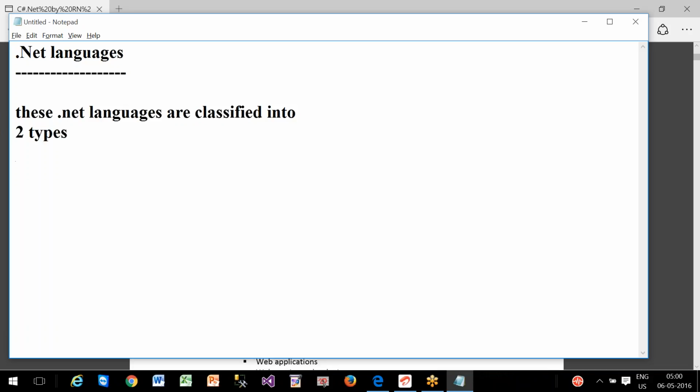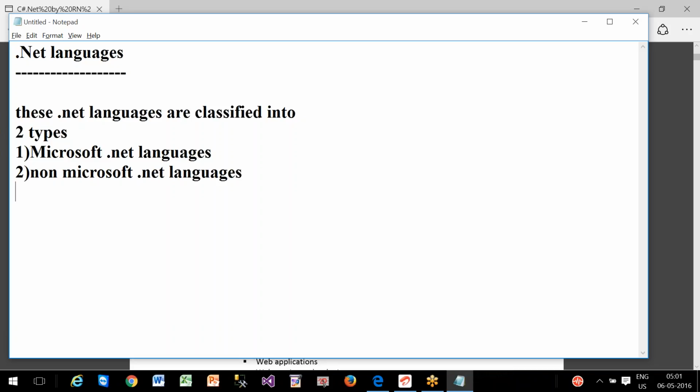Number one is Microsoft .NET languages, and the second category is non-Microsoft .NET languages. So .NET languages are classified into two types: number one, Microsoft .NET languages; number two, non-Microsoft .NET languages.